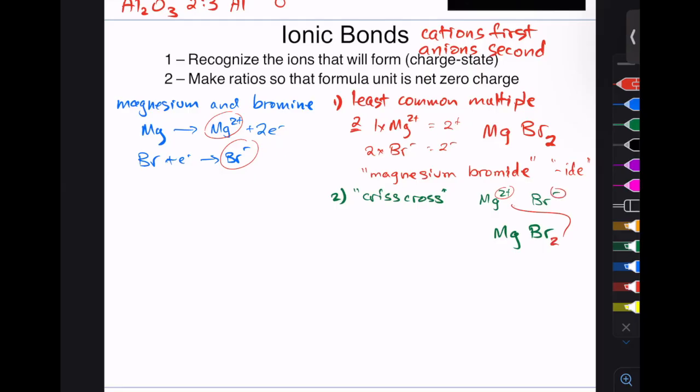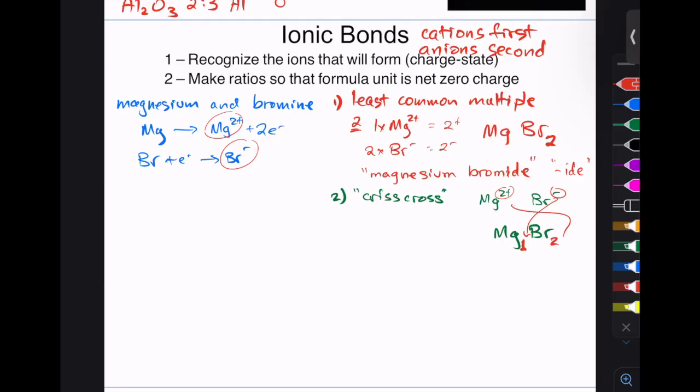And then you take the number of charges on the anion, and that will tell you, here, I'll put a 1 here, even though we don't usually put a 1. Okay? And it works just fine. But really all you're doing is shortcutting, doing the least common multiple. And then the rest is just variations on this theme.